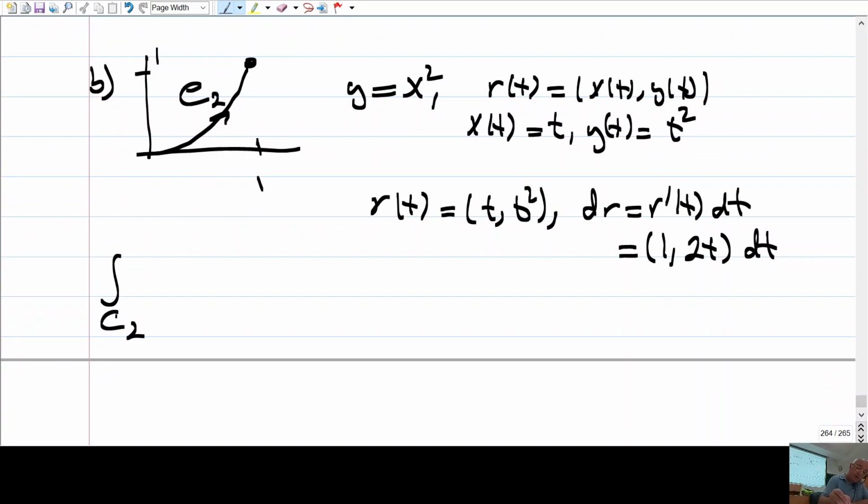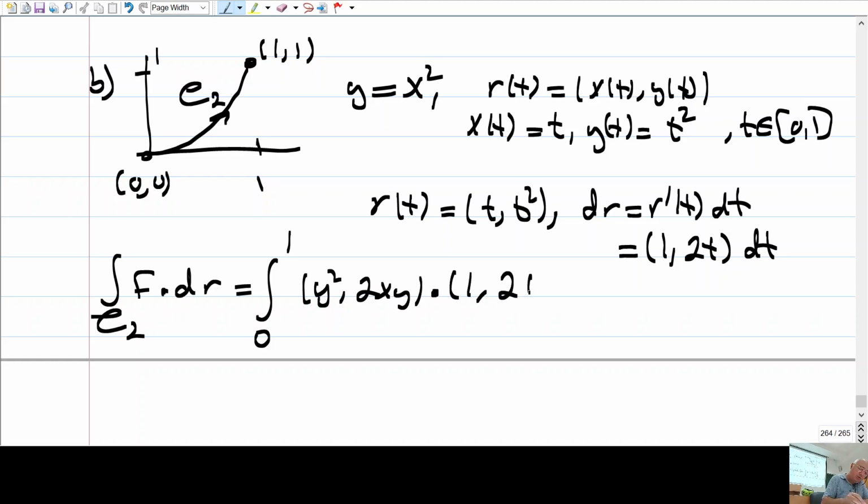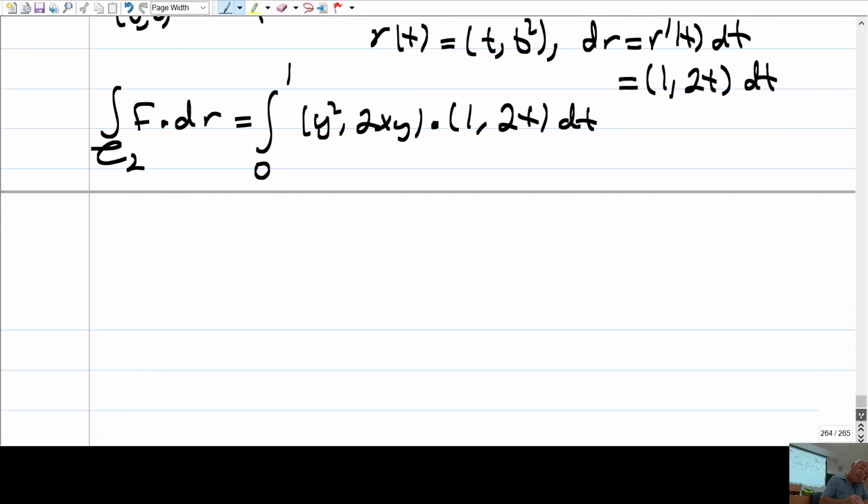Another parameterized curve, C2. F dot dr. Again, t is from 0 to 1 because here I am at the point 0, 0, and here I am at the point 1, 1. So t should go from 0 to 1. So 0 to 1. F was y squared and 2xy dot dr. Dr is just (1, 2t) dt. All right, so this integral of F dot dr is just 0 to 1.